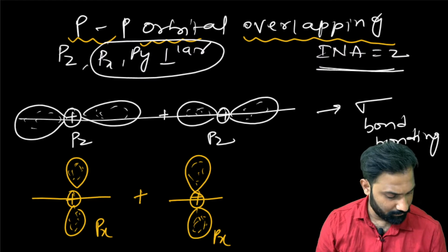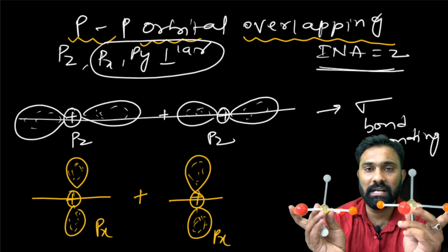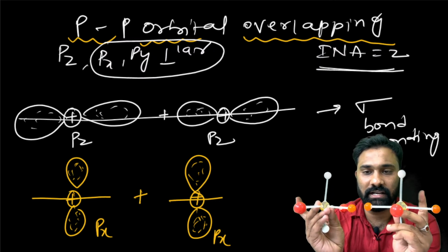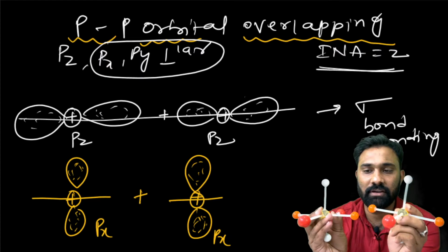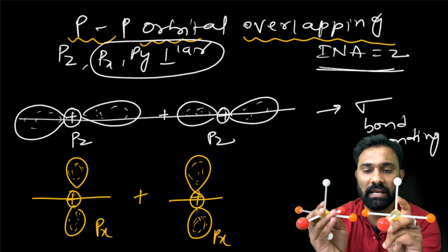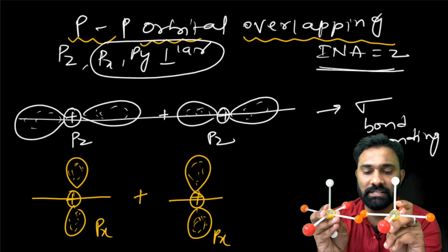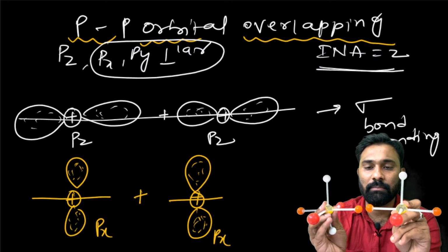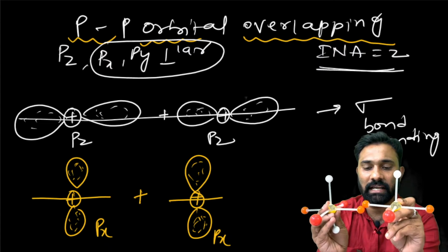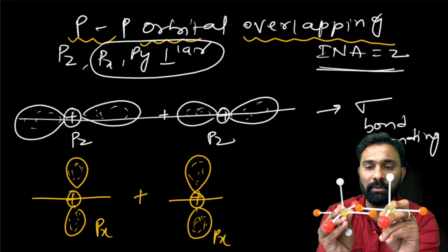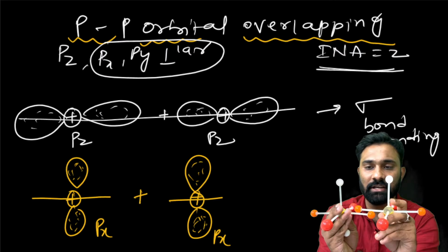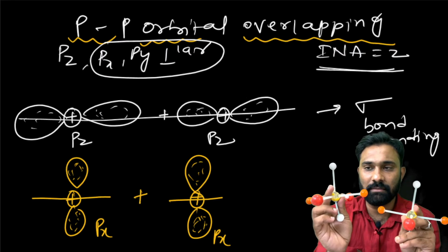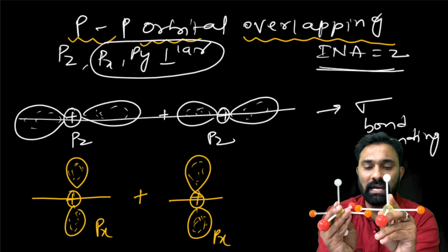Now you can see these lobes are in which direction? The z direction. In the z direction we do not have any electron cloud. We only have it in the y direction, in the form of px. When the orbitals overlap along the internuclear axis z, we are not getting any overlap. But when they reach a certain region, the sideways lobes of the px orbital have the electron cloud.